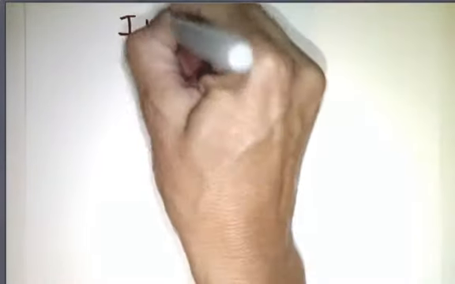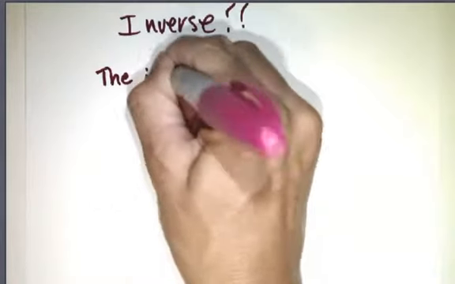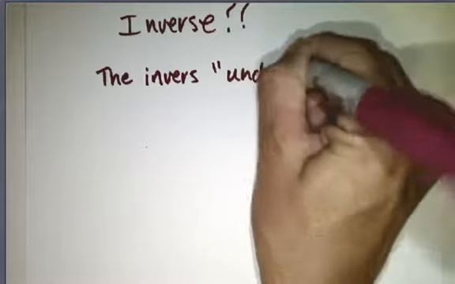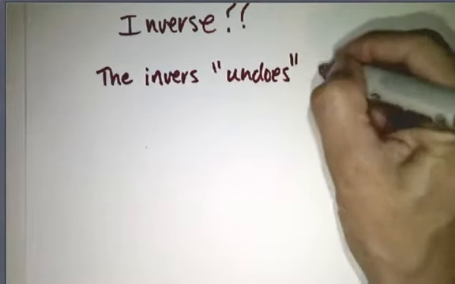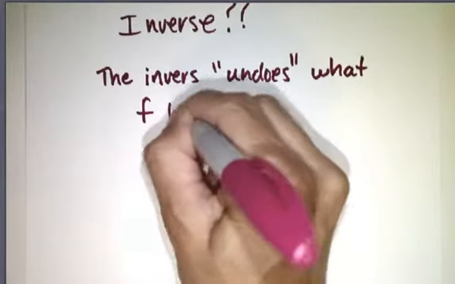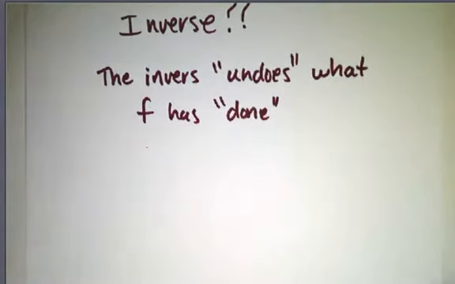Now, what is the inverse? And why is it interesting to us? Well, we think of it as an undoing function. The inverse undoes, this is kind of a way to think of it, what f has done. So what do I mean by that?